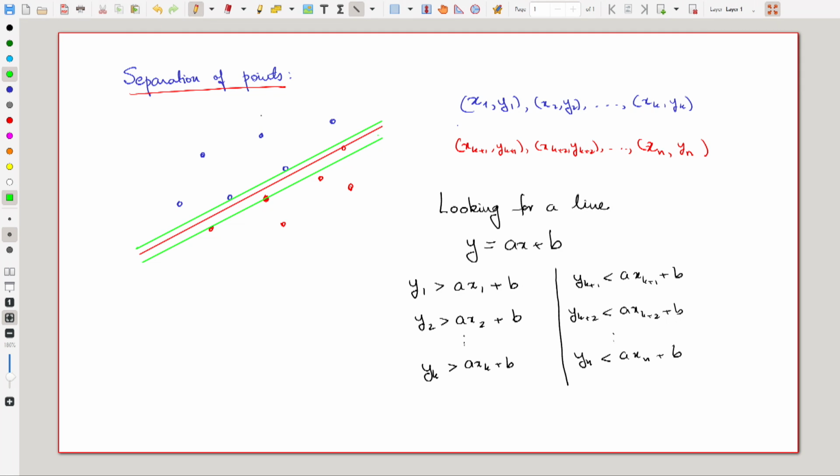So, what we will say is that y 1 is greater than or equal to the linear expression plus delta, and for the other points we will put minus delta.